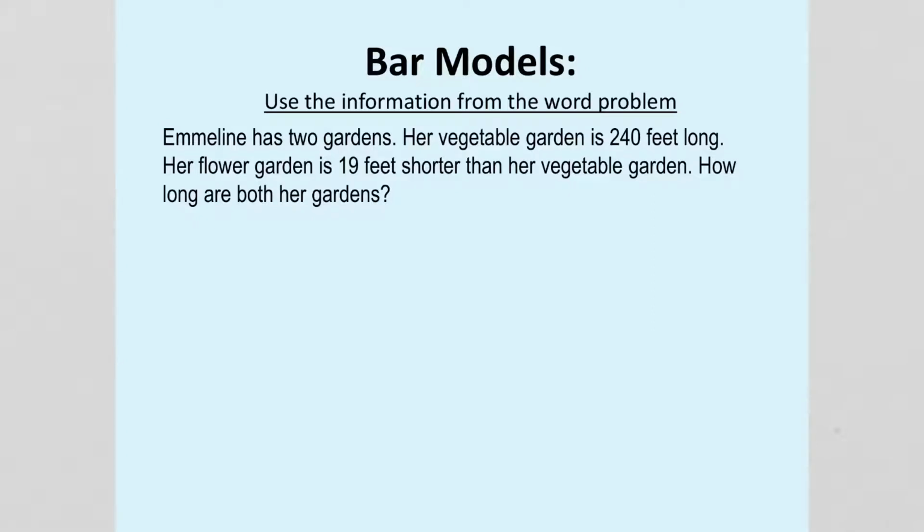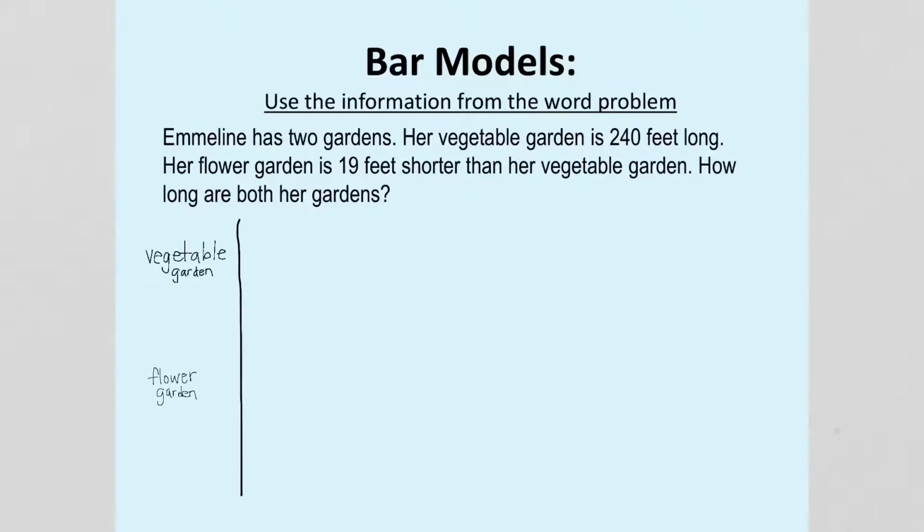So just like when we were doing our sketching and reading, you're plugging in what we know. First, if you remember, when we do bar modeling, we like to include our starting line. Let's plug in what we know. We know she has 2 gardens. We know she has a vegetable garden.